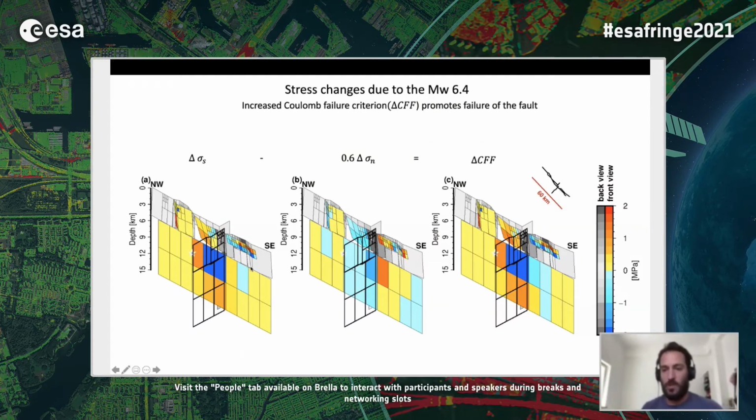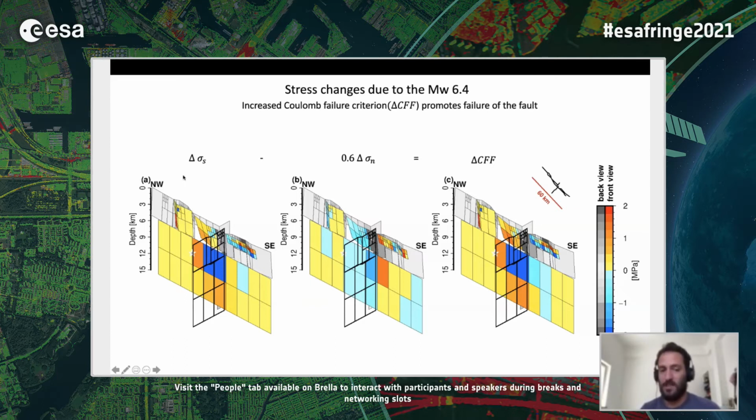We will finish by showing the Coulomb failure function due to the foreshock slip. We're getting a 1.5 megapascal increase in the Coulomb failure function at the initiation point of the main shock, where 90% of that Coulomb failure function increase is due to the shear stress increase.